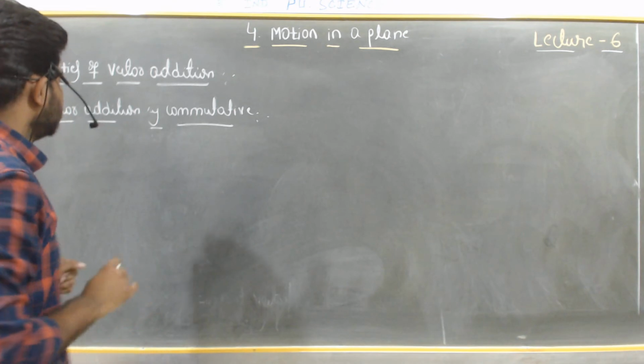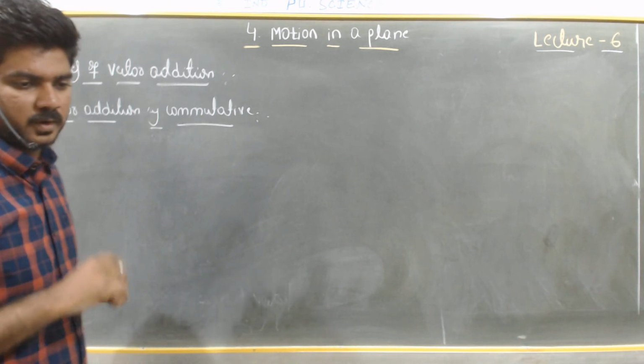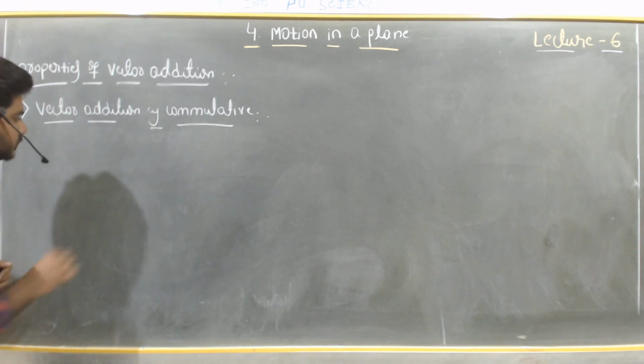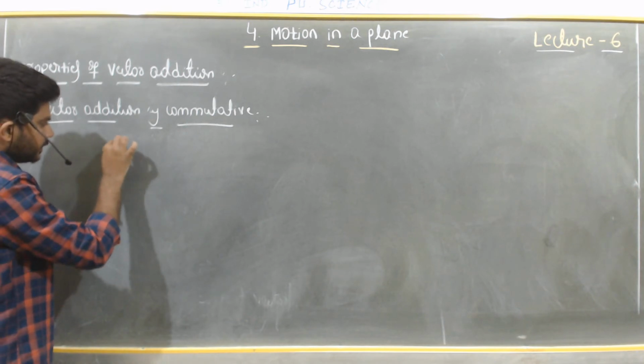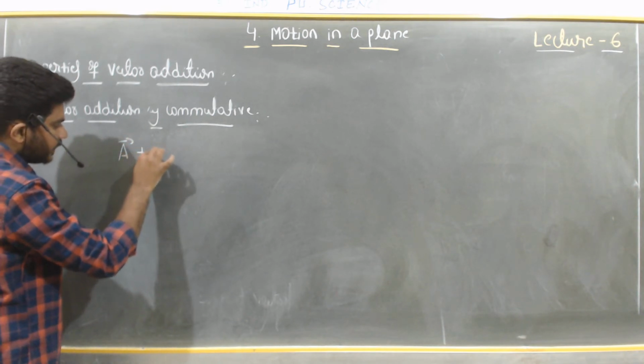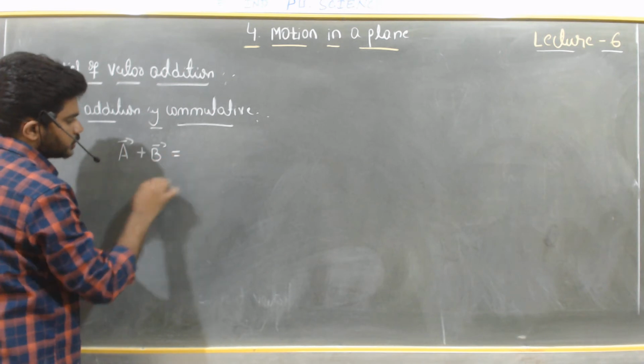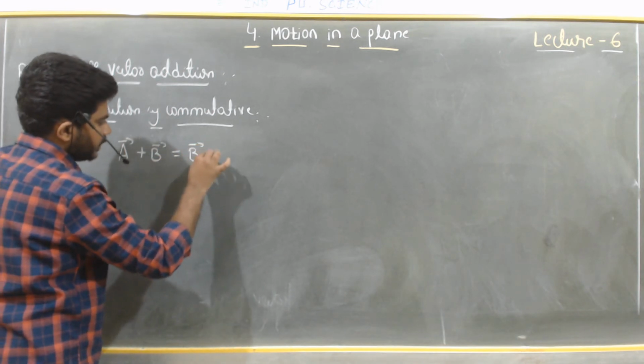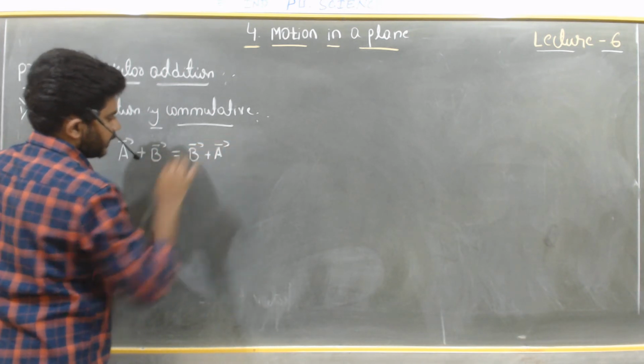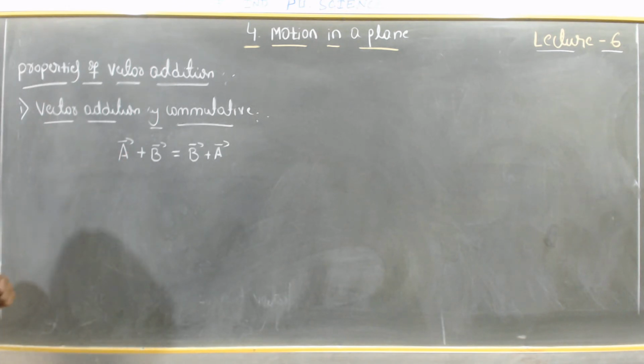See here, vector addition is commutative means what? First, vector A plus vector B is equal to vector B plus vector A, right?